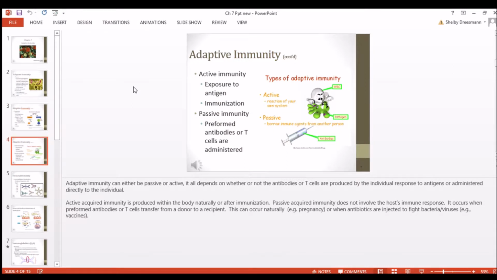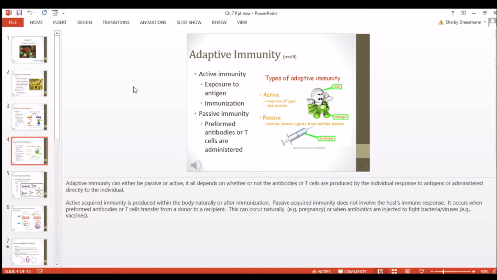Adaptive immunity can be passive or active. It all depends on whether the antibodies or T cells are produced by the individual or administered. Active is when our body naturally builds its own antibodies and T and B cell receptors.